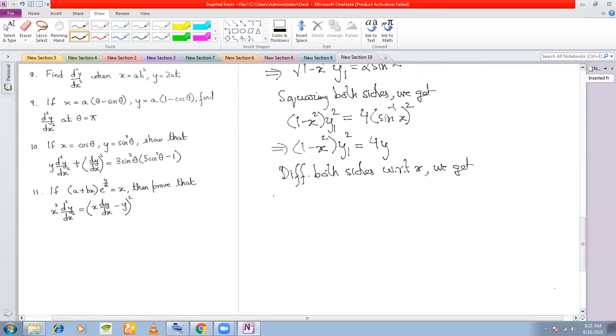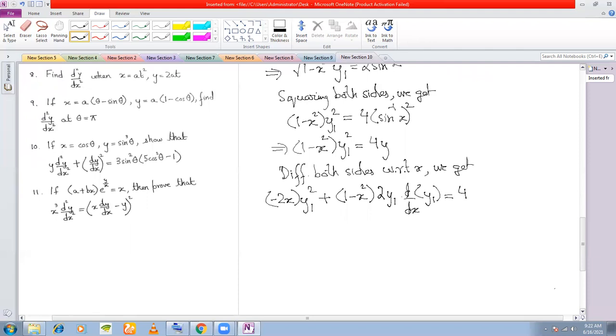First of all, you differentiate 1 minus x square to get minus 2x into y1 square, plus 1 minus x square into the d/dx of y1 square. How will you differentiate y1 square? First, you differentiate the power, so you get twice y1 into the d/dx of y1.